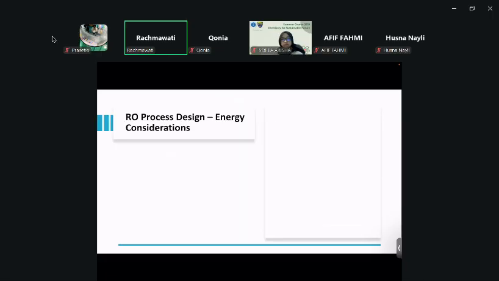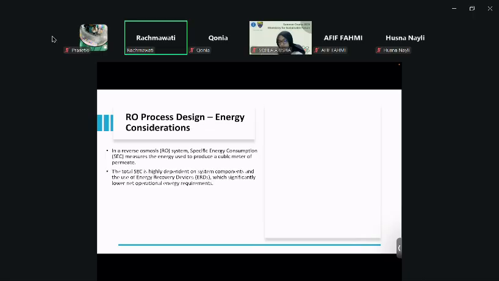And then next here is the process design, as in energy consideration. In a reverse osmosis system, specific energy consumption measures the energy used to produce a cubic meter of permeate. The specific energy consumption is highly dependent on the system components and the use of energy recovery devices, which significantly lower the net operational energy requirement.